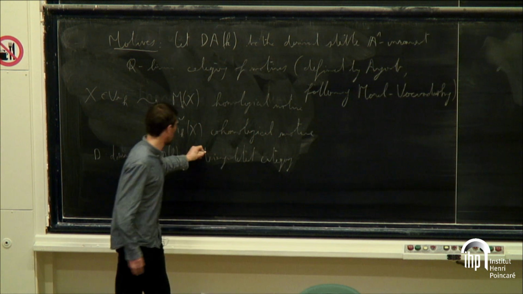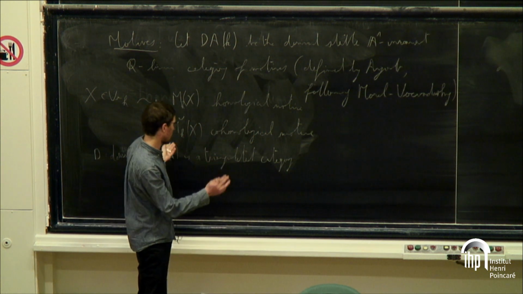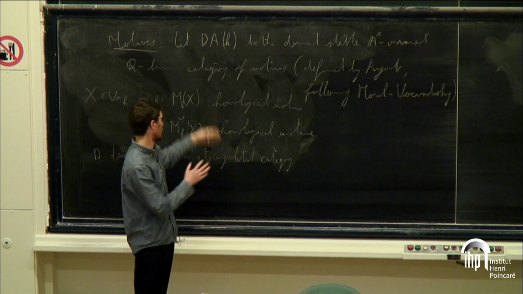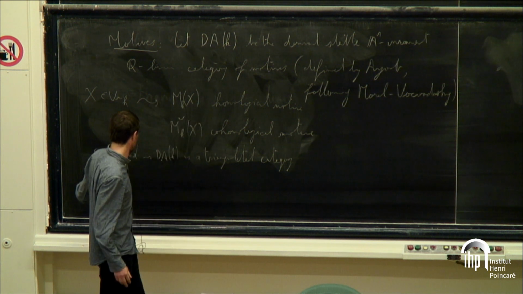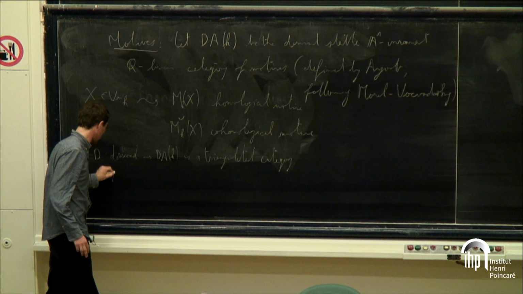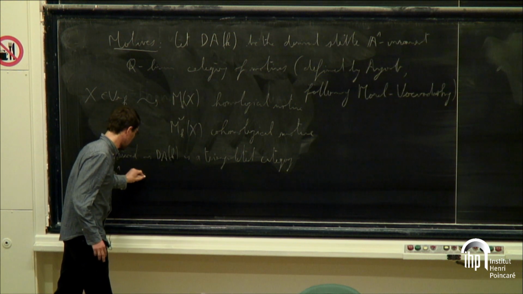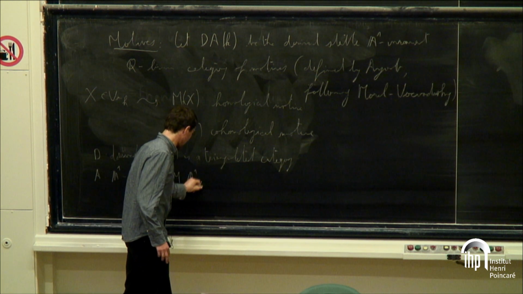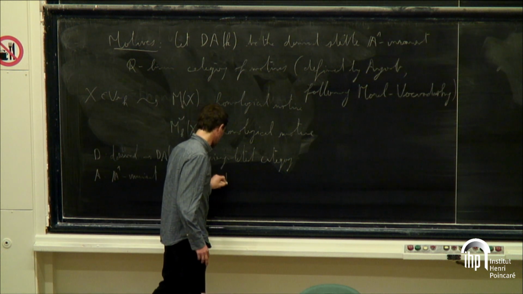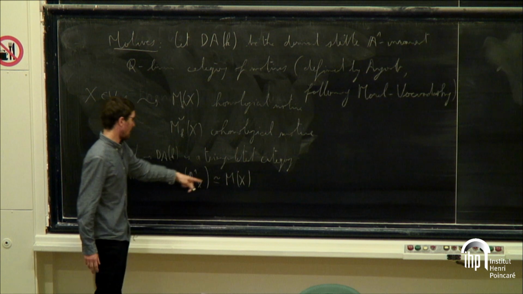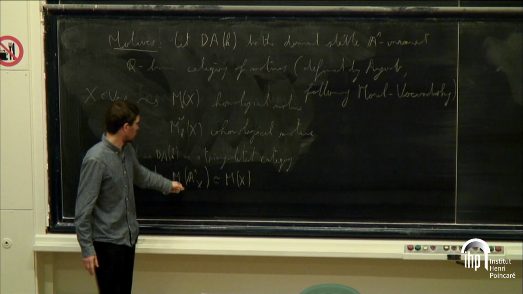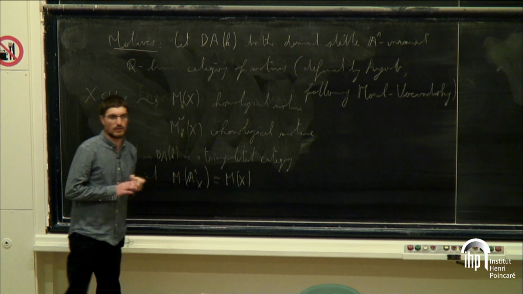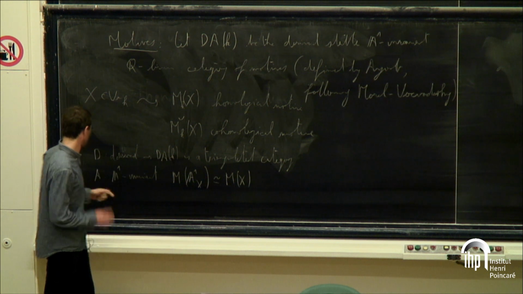So in particular, I have a distinguished class of triangles, and you can think of those triangles as analogous to long exact sequences in homology or cohomology. And the A is for A1-invariant. By this, I mean that the motive of A1 times X is always isomorphic to the motive of X. This property, which is true in any reasonable homology theory, is in fact imposed in the construction of the category, and is really very important.